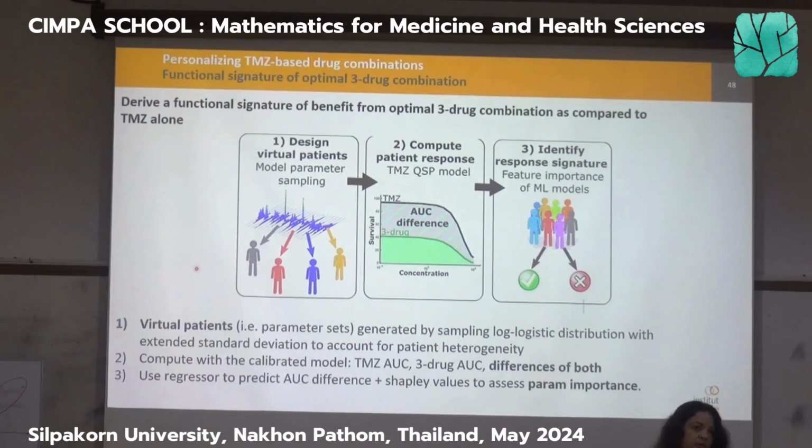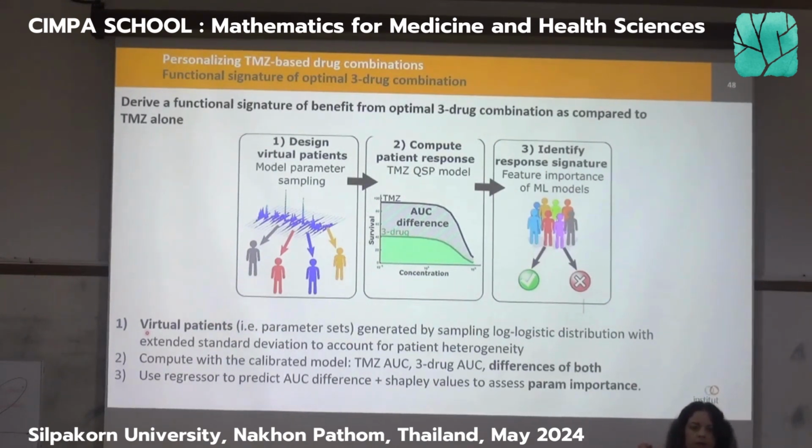So what we have done is that we have used distributions, log normal distributions, with larger standard deviations, with larger dispersion, so that the parameter values can have more values than just the ones that we estimated for this particular cell line that we used for our study. So that's number one. So here we have log normal distribution.